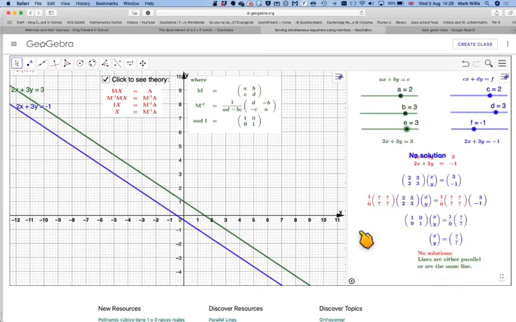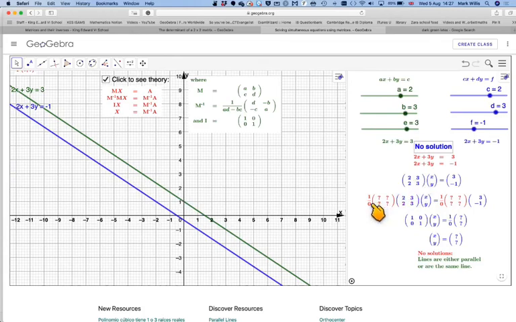Now, the reason why there'll be no solutions in the matrix method is that here we've got 2x plus 3y, 2x plus 3y is equal to 3, minus 1. So we've got 2, 3, 2, 3. If you take the determinant, 2 times 3 minus 2 times 3, it's going to give you 0.